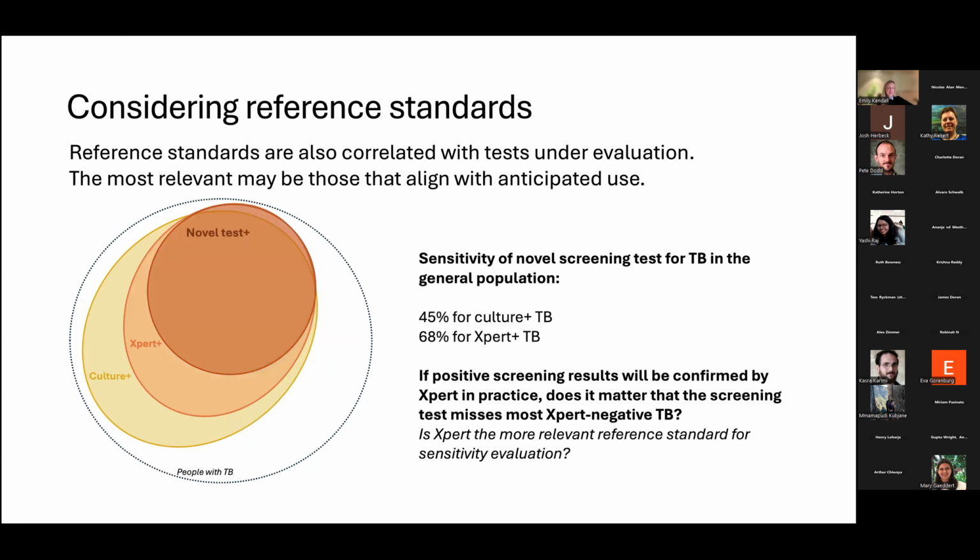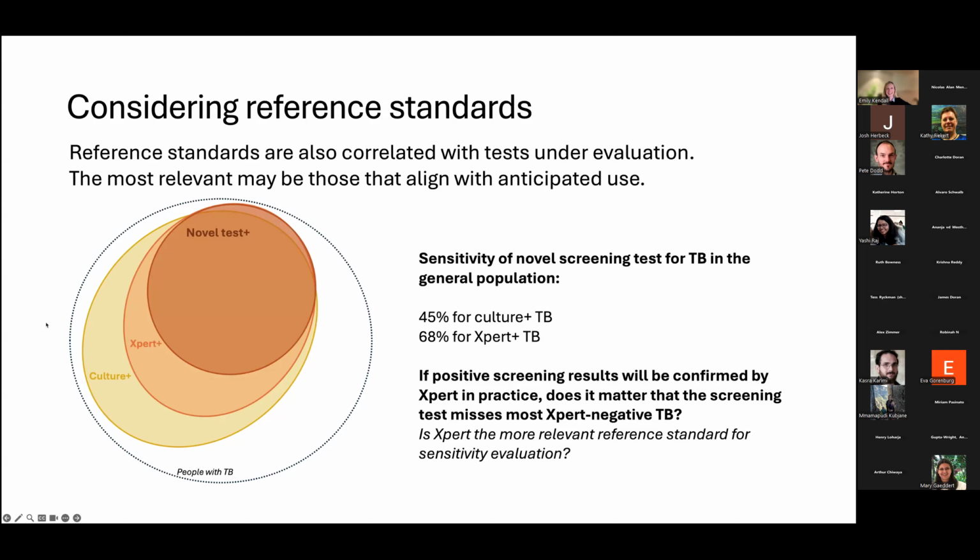And then the last point on sensitivity is that these same considerations of overlap and correlated detection of disease manifestations across different tests also apply to reference standards. Our reference standards aren't perfect.